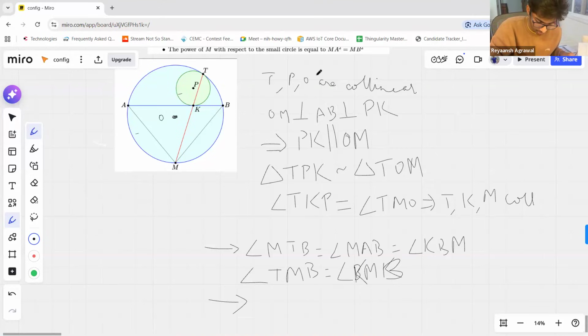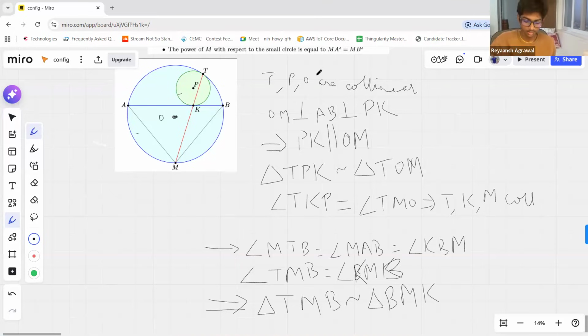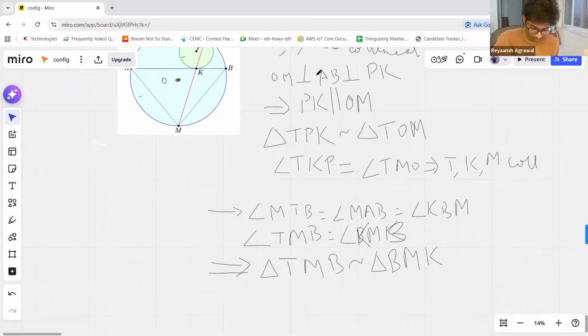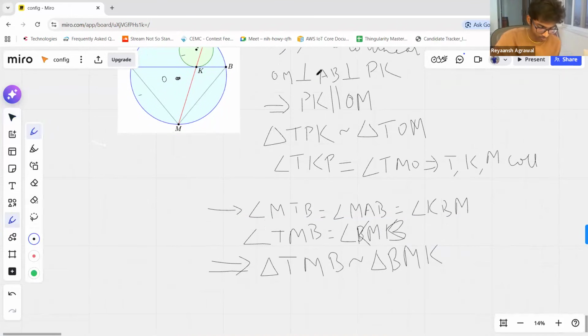And this would give us that triangle TMB is similar to triangle BMK. Is that right? Yes. So that gives us that triangle TMB is similar to triangle BMK.